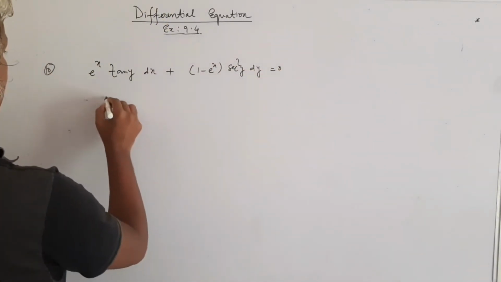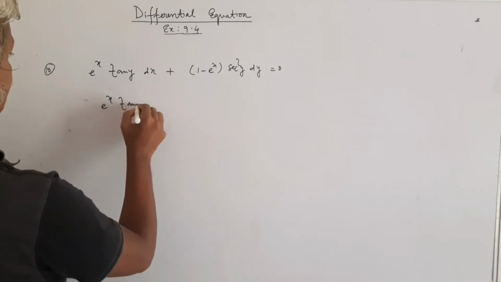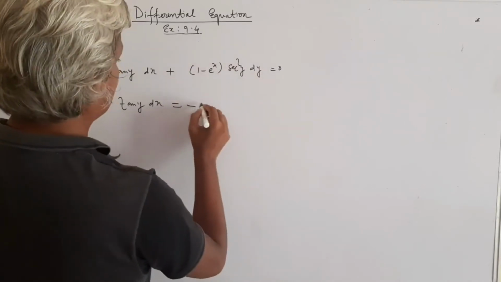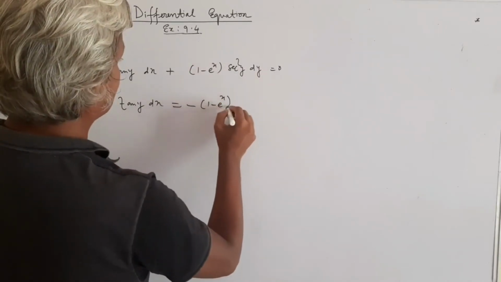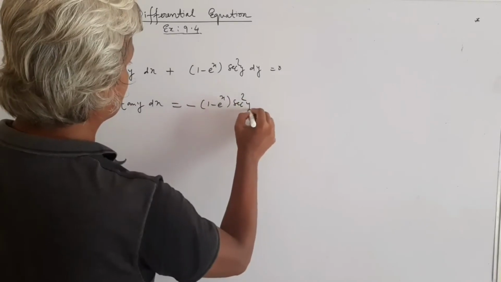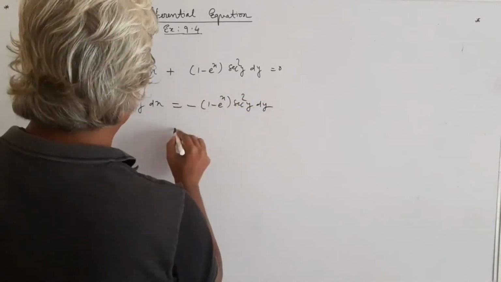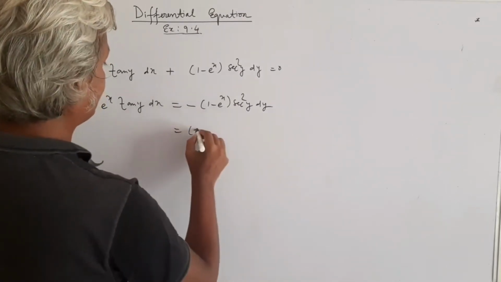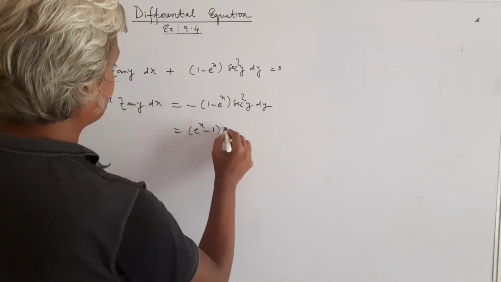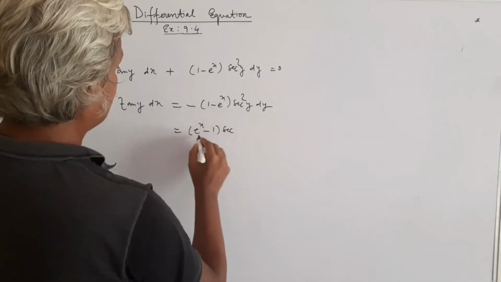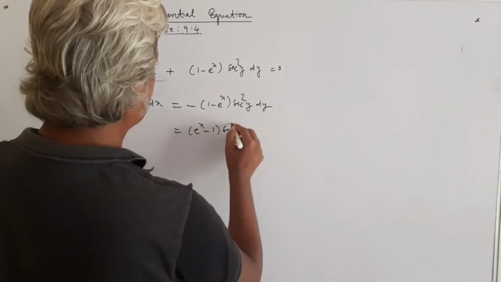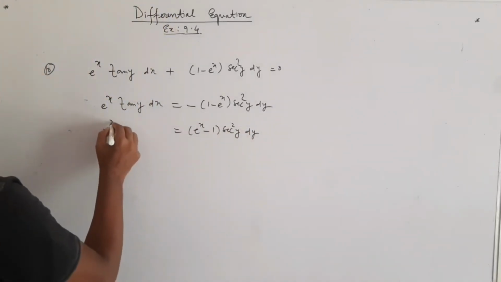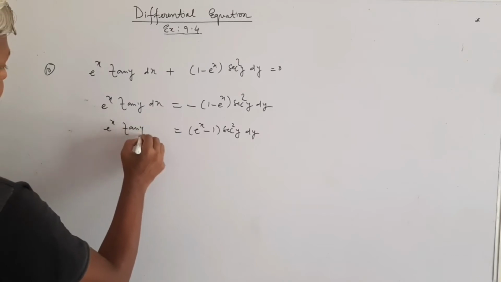Now I write e to the power x tan y dx equals, I take this on this side, becomes minus 1 minus e to the power x sec square y dy. Now I want to get rid of this minus, so I'll insert it in the bracket and get e to the power x minus 1 sec square y dy, and this is e to the power x tan y dx.